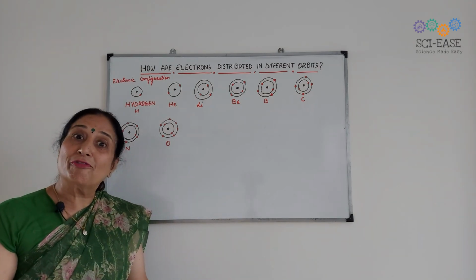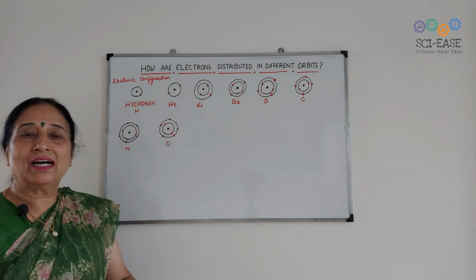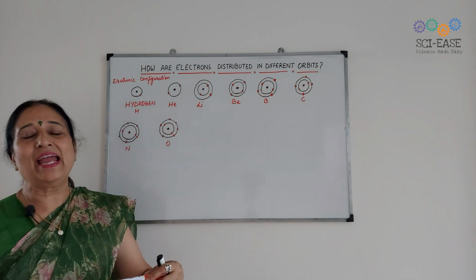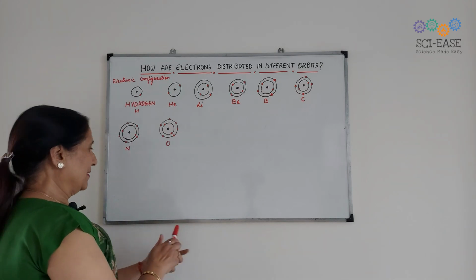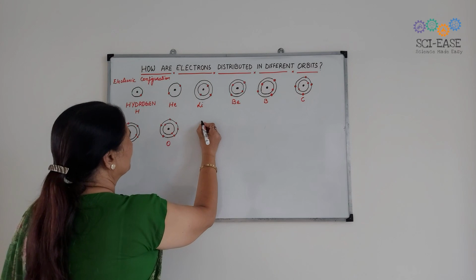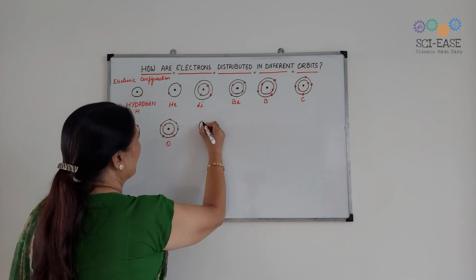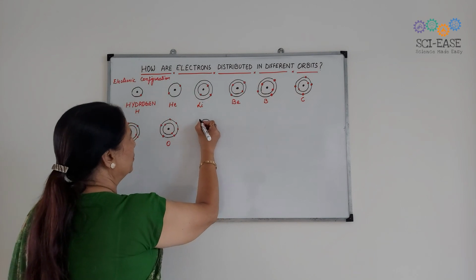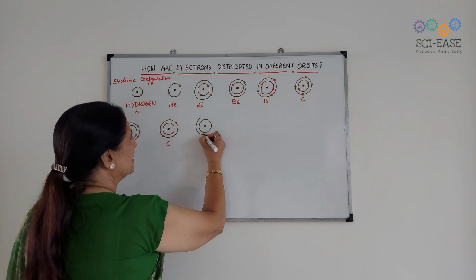Then comes fluorine with atomic number 9. This means 9 electrons and 9 protons. So draw. This is the first shell, this is the nucleus, and this is the second shell.